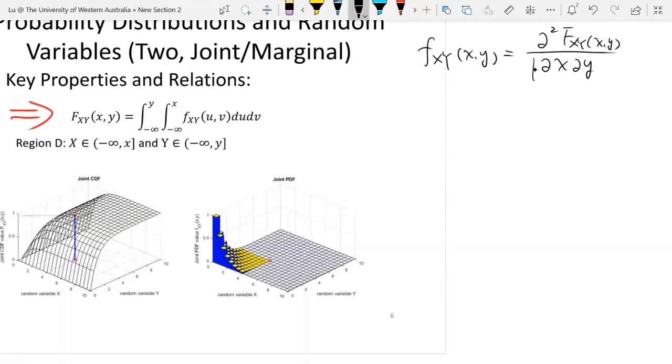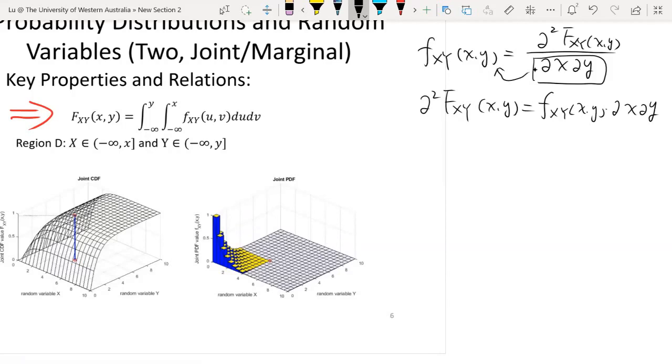If we move this term to the left-hand side, we have the double partial derivative of the CDF equals the joint PDF multiplied by this term. And then we can do the double integration on both sides. In other words, the left-hand side can be simplified to fxy of x, y.